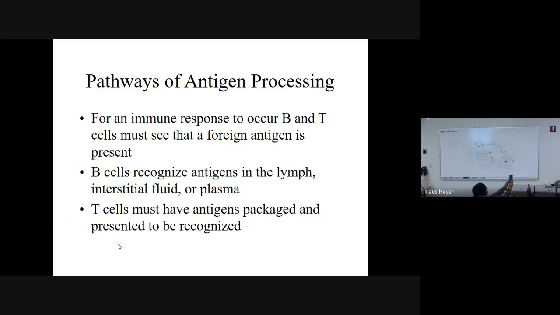It's going to walk up to a bunch of T cells, and most of the T cells aren't going to care, but a few of those T cells are going to recognize that something's wrong. A few of the T cells recognize that antigen, and now they're getting all hyped up.